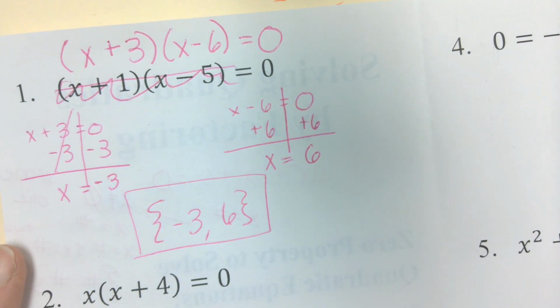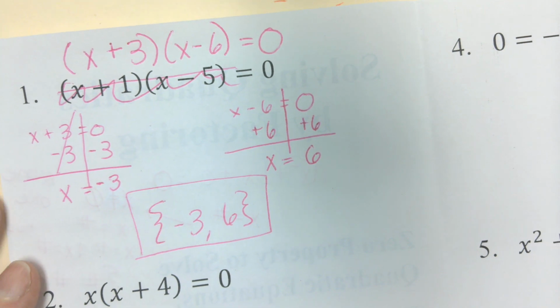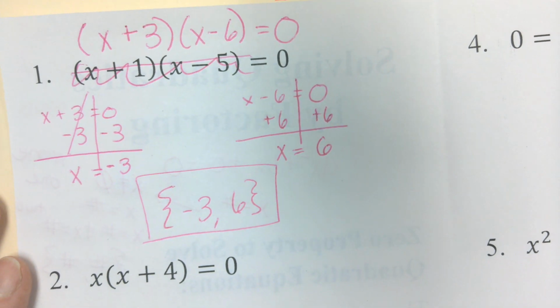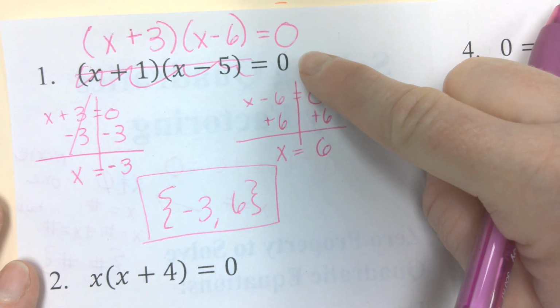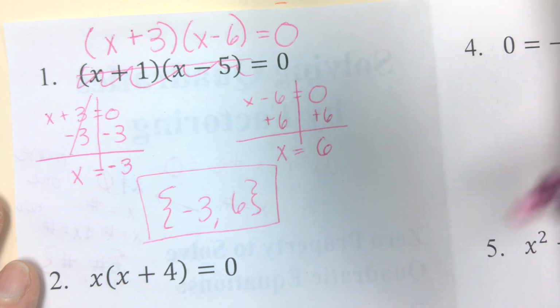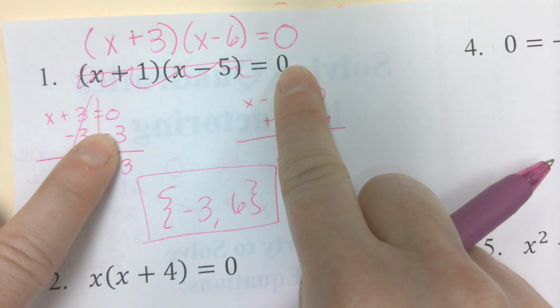That's our solution set. Those are where it's going to cross on the x-axis if we were to graph it. So we can use this zero property when it says equals 0. That's the key there. See how I set them both equal to 0.